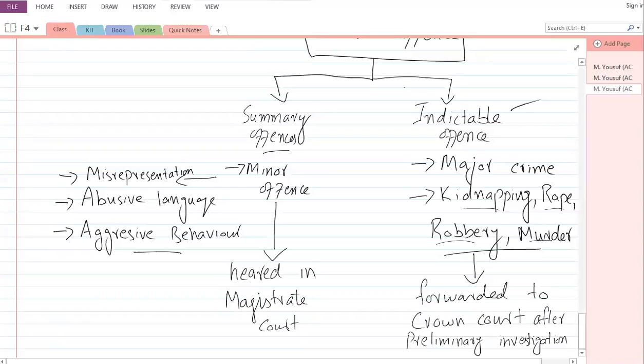Whereas summary offences fall in the jurisdiction of magistrate court. So they are within the scope, within the power, within the authority of the magistrate court. So these types of cases will be heard by the magistrate court. So these summary offences are within the criminal jurisdiction of the magistrate court.